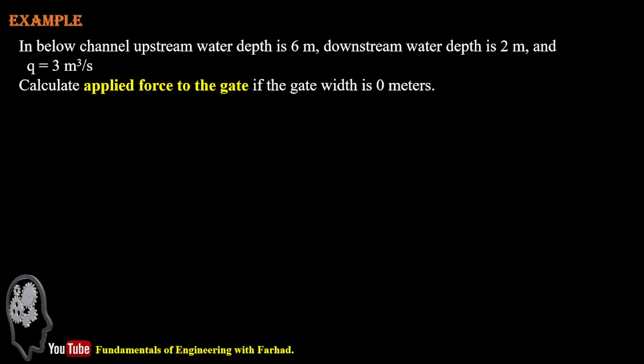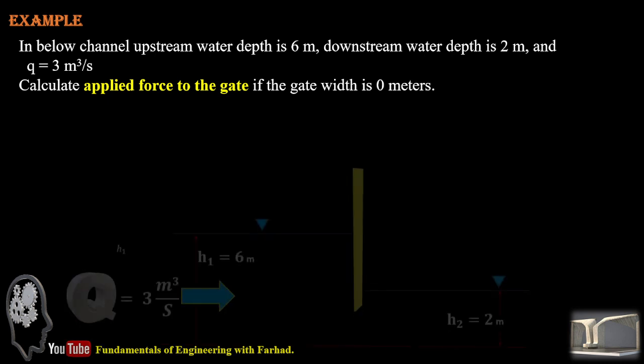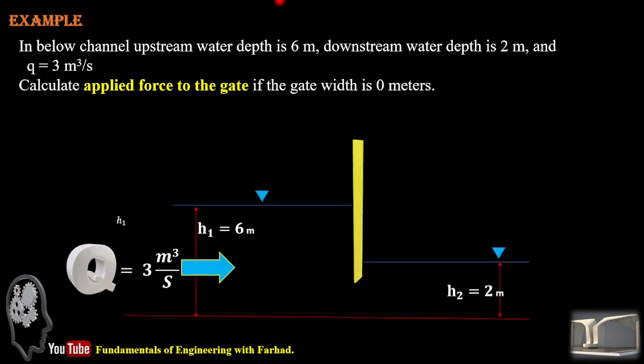So in our problem, in the channel, on the upstream side, we have a discharge Q. These are identical because we are calculating for 10 meters.